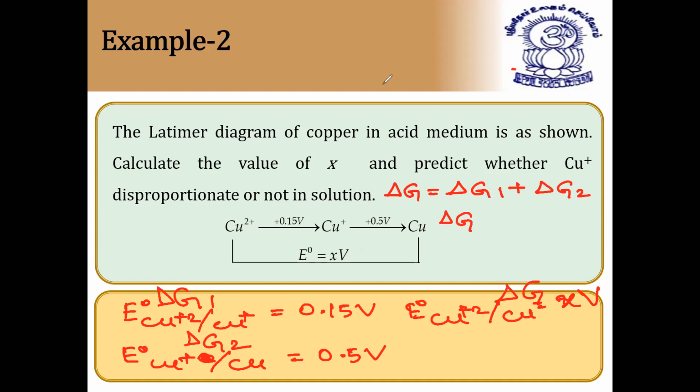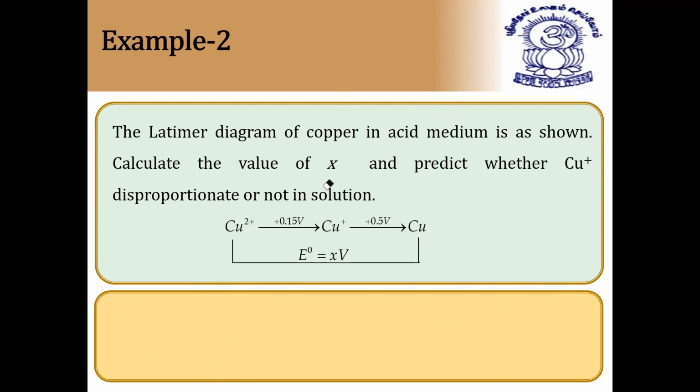I'll take a new slide. It will be easy for us because the space here is not sufficient. No need of writing all these things. So delta G, directly I'm writing here, minus 2 into F into X, because finally it's 2 electrons.